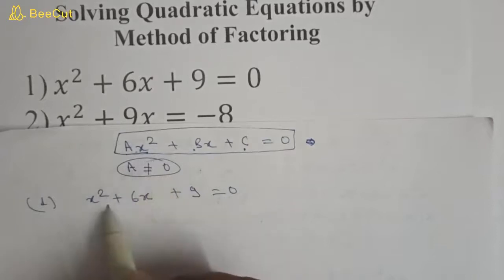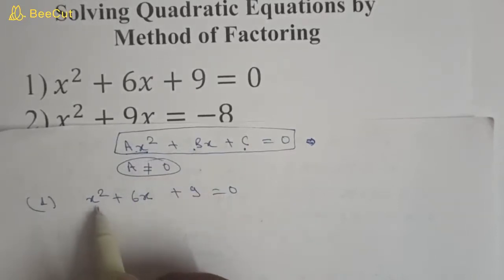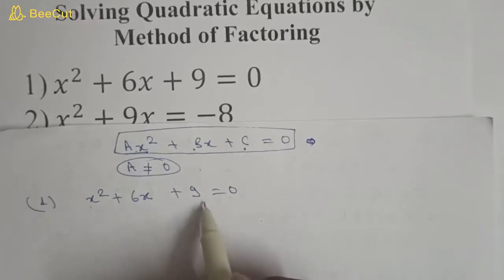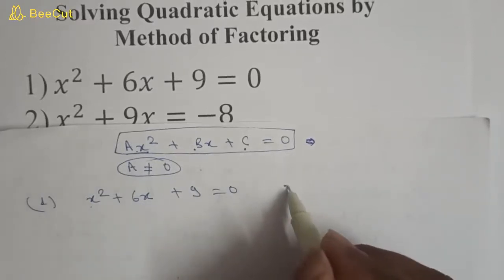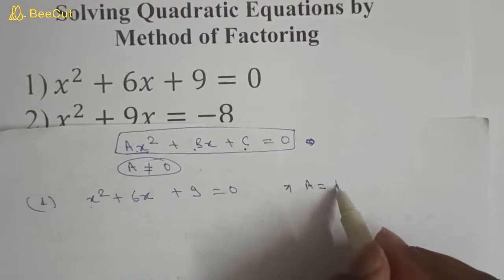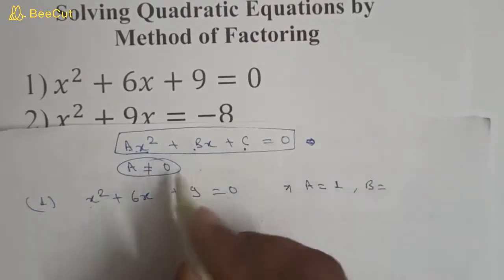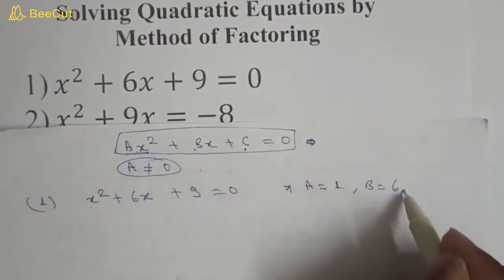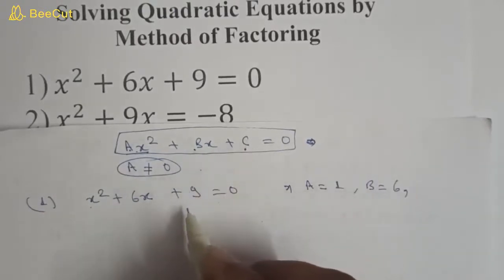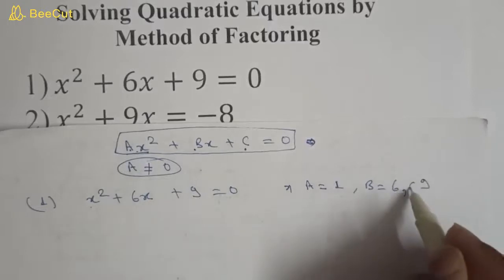If we compare it with this equation, we can see that it's already in the standard form. So if we compare, we get a = 1, b = 6, and c = 9.